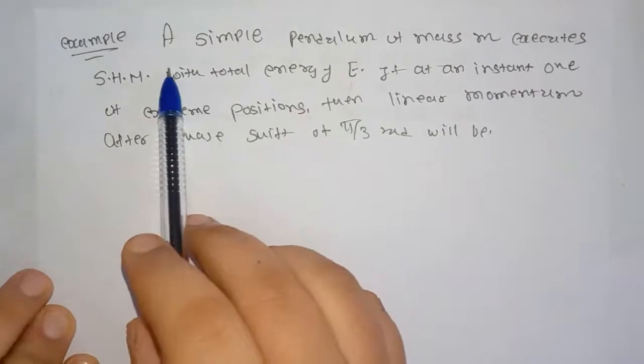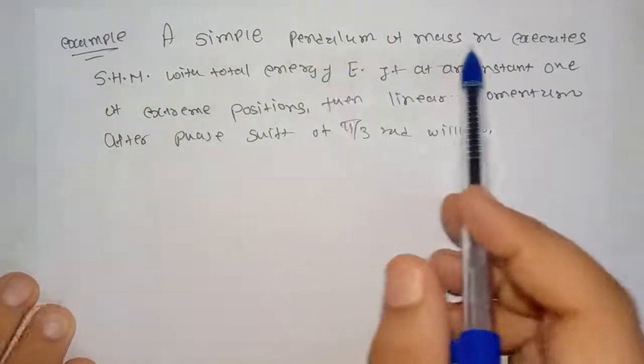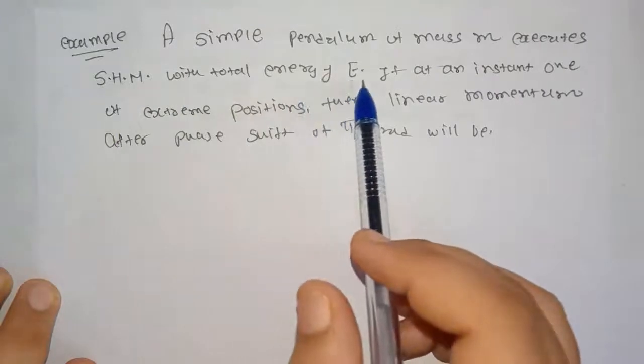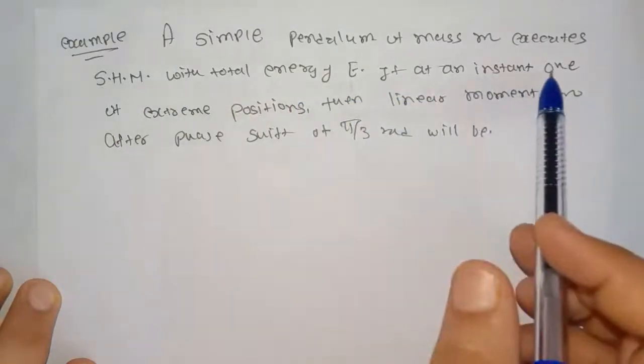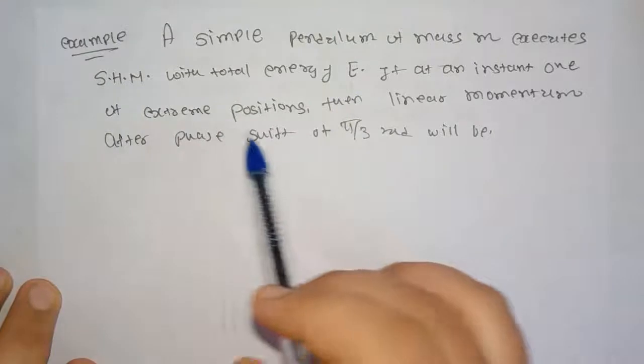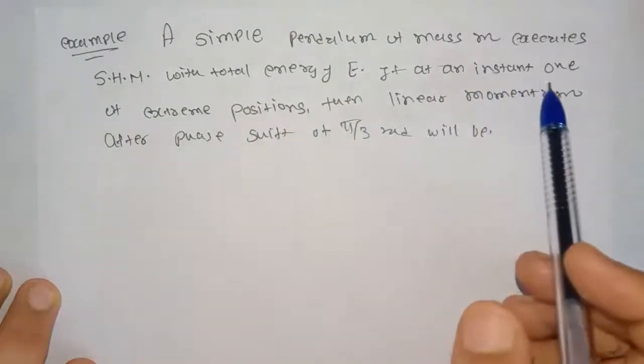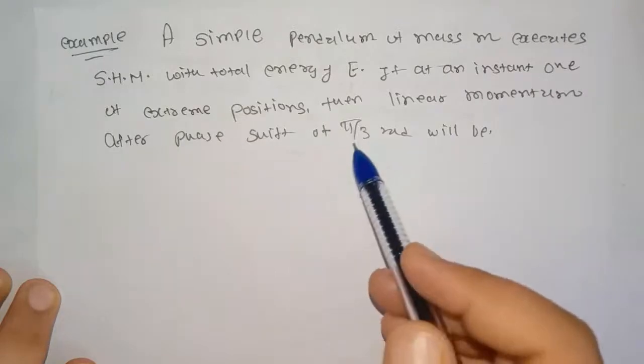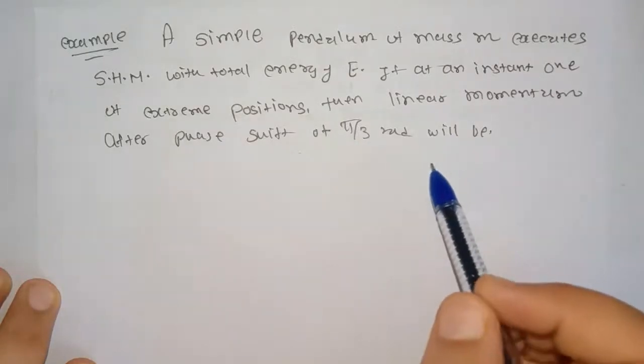In this example, a simple pendulum of mass m executes SHM with total energy E. If at an instant it is at one of the extreme positions, then the linear momentum after a phase shift of pi by 3 radian will be.